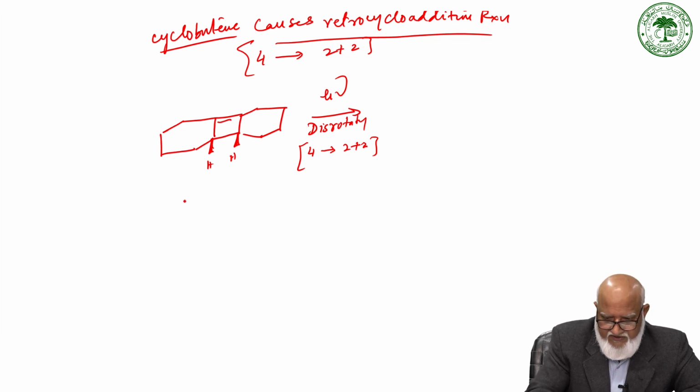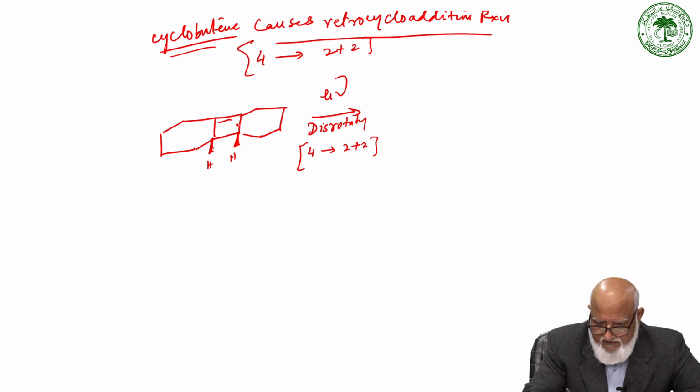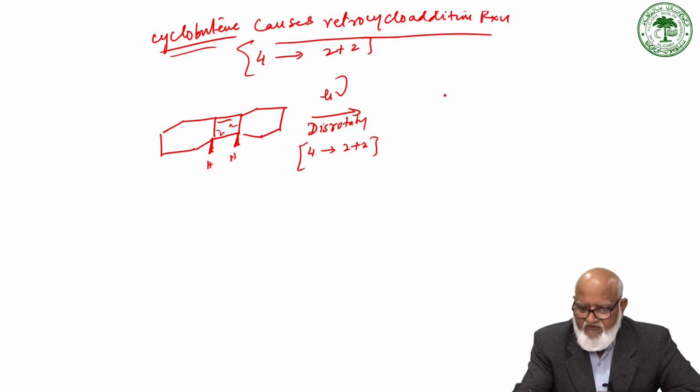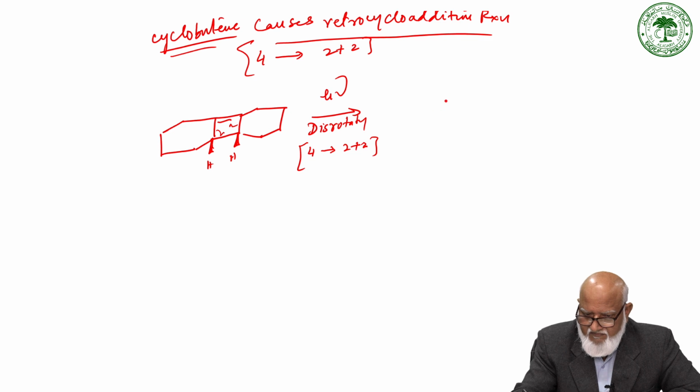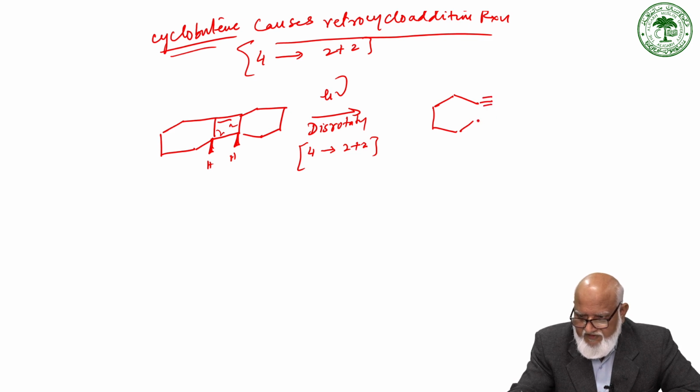and then you can see here this is a cyclobutene derivative. So you have a generation of a triple bond, and then of course we have a generation of a double bond here.